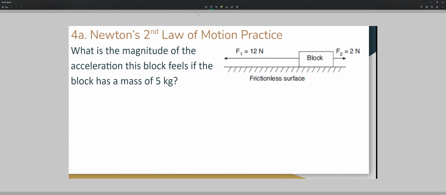What is the magnitude of the acceleration this block feels? The block has a mass of 5 kg. When we're reading this problem, it's very important that you figure out what you know and what you are solving for. The question asks for the magnitude of your acceleration.